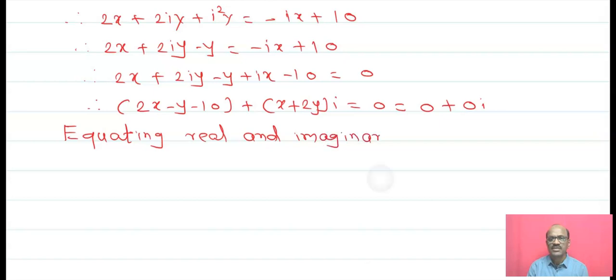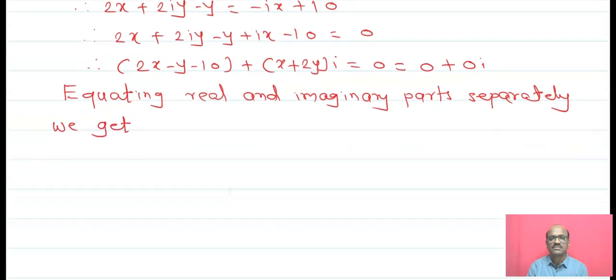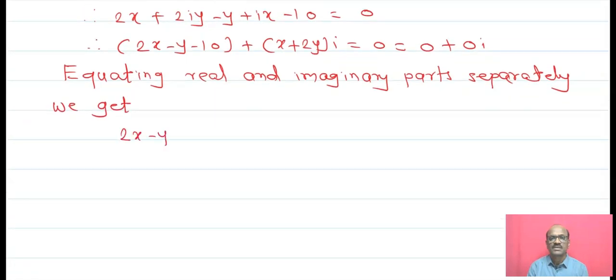Equating the real and imaginary parts separately, 2x minus y minus 10 equals 0 and x plus 2y equals 0. These are equation number 1 and 2.